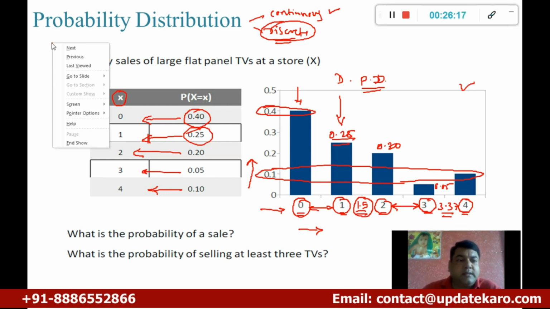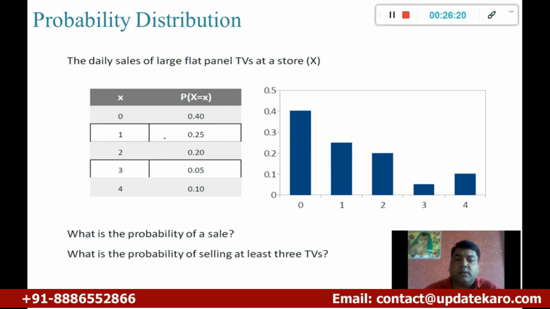In case I get to plot, let's say, the height or weight of a person, and the probability associated with that particular weight, then what will I get? I will get a continuous probability distribution, because if this weight is 10 kg and this weight is 20 kg, there are numerous values possible between these 2 values.